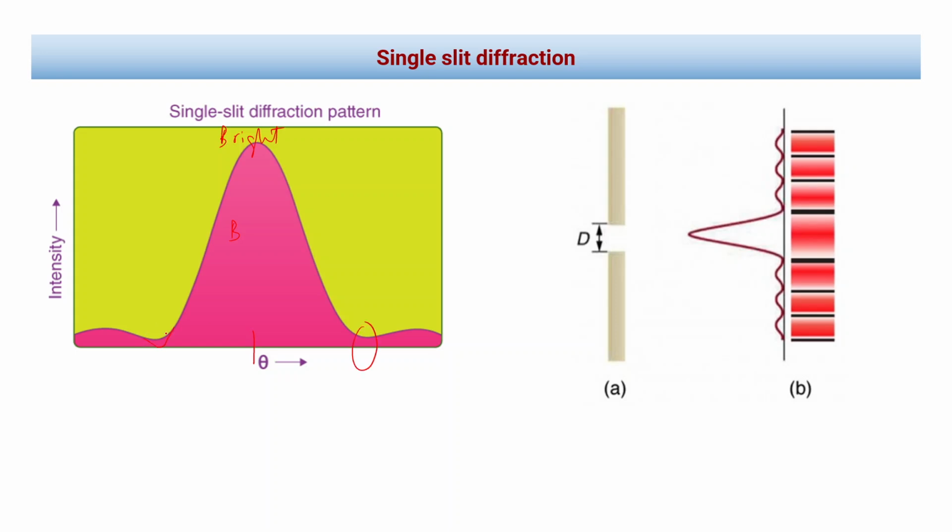First order minima here on both sides, then first order maxima after that, and subsequently we will see like this. This is also showing the same thing, that this is the aperture and this graph shows the intensity, and this is the diffraction pattern that we see.